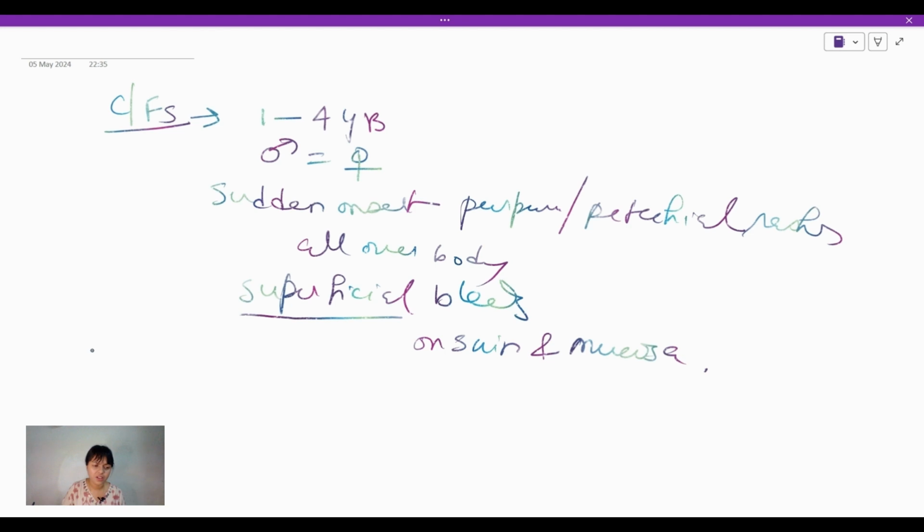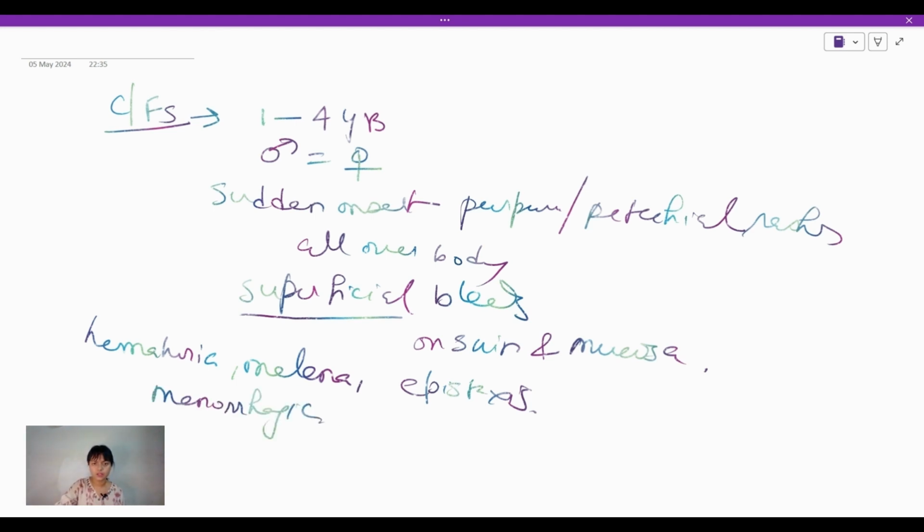And rarely there will be hematuria, okay, melena. Yes, often you get epistaxis and rarely menorrhagia. Clear? So these are the clinical features, okay?